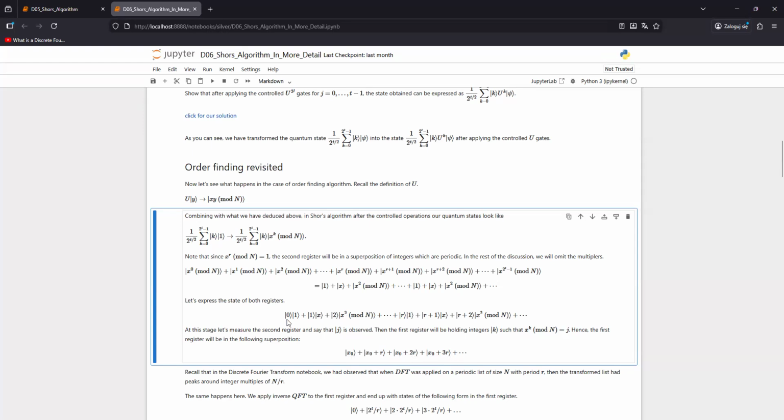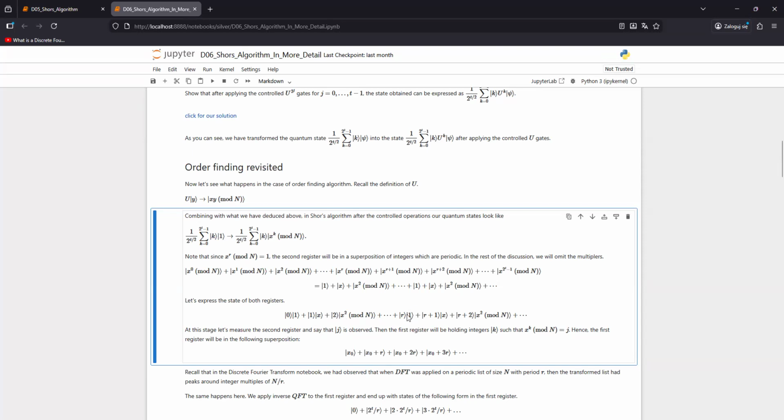And now, if you look again at this register, you can also tell what R is equal to, because you need to find at which point the qubit in the second register is again equal to 1.